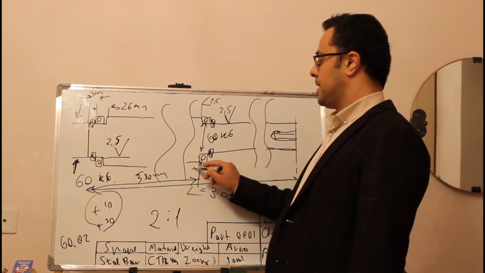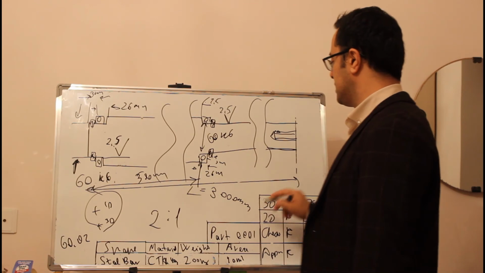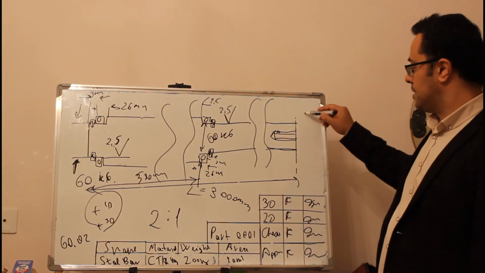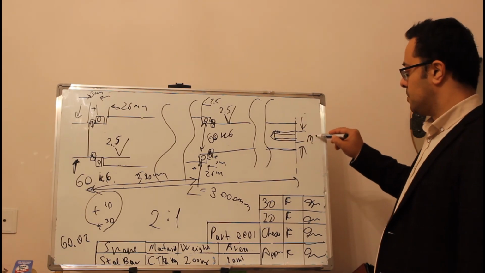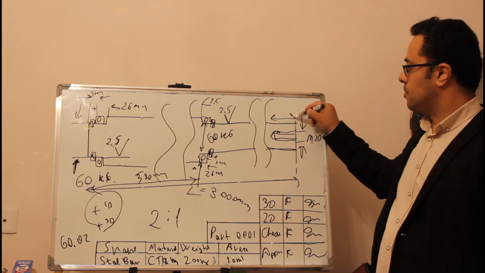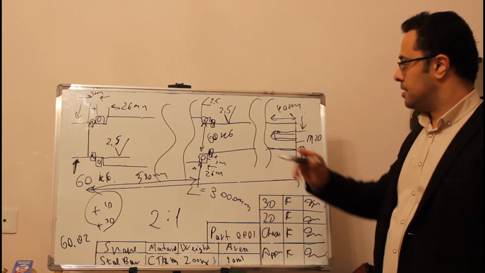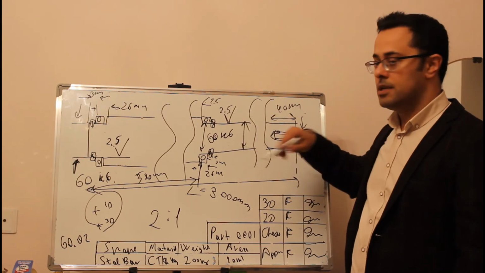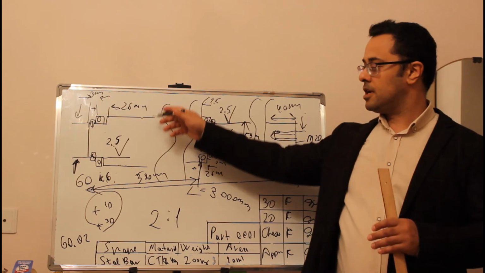How much is this bearing? Again 26 millimeters. This ring again 3 millimeters. What bolt is it? It's M20. How much is the depth of the bolt? It's 400 millimeters. How much is the diameter of this? It's, let's say, 59 millimeters. How much is the diameter of that?